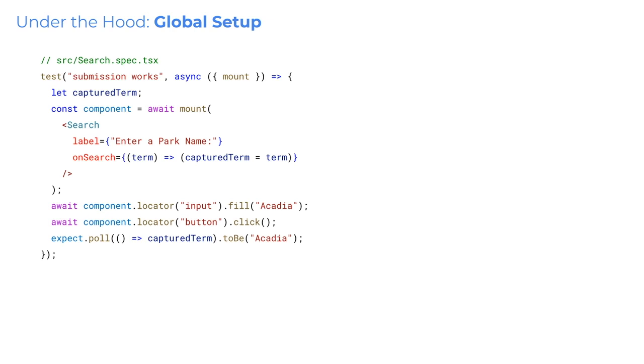So Playwright Test in global setup is going to look at your test files. It's going to look for where you're calling mount and what components your tests are using. It builds up a list of the components you're using and where they live.